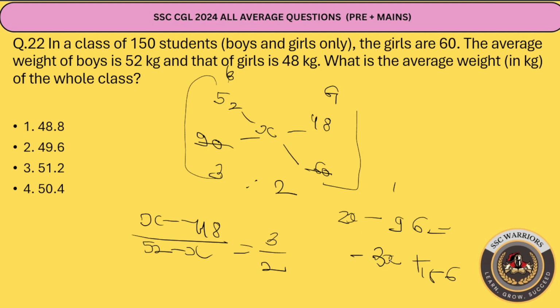So 3x goes to the other side, 5x, and this also becomes positive, is equal to 156 plus 96, that is 252. So x will be 252 divided by 5, that is 50.4.